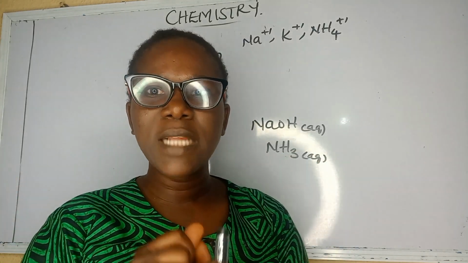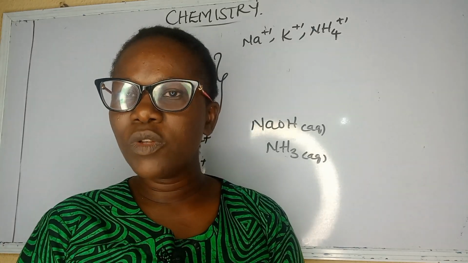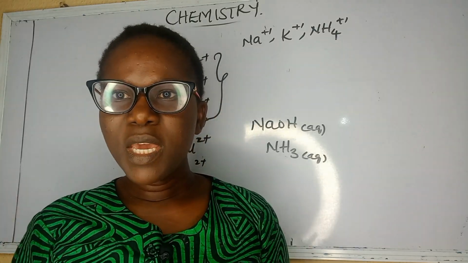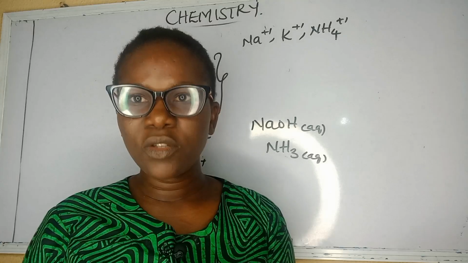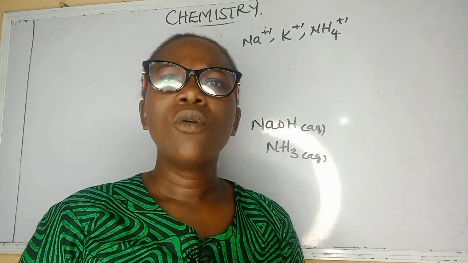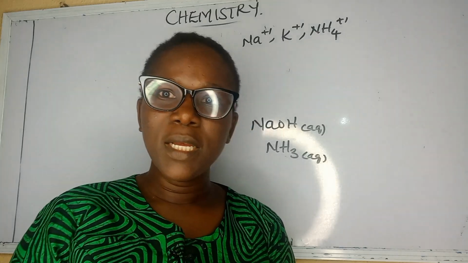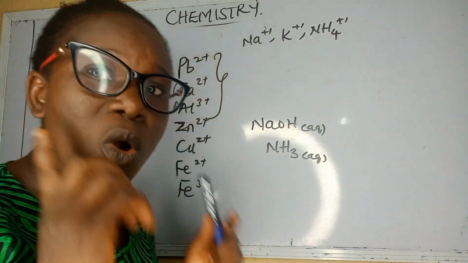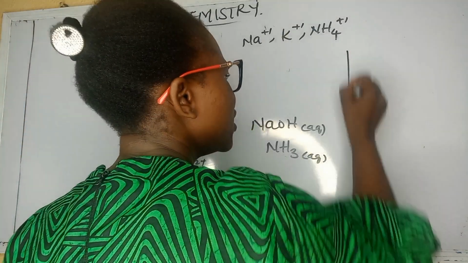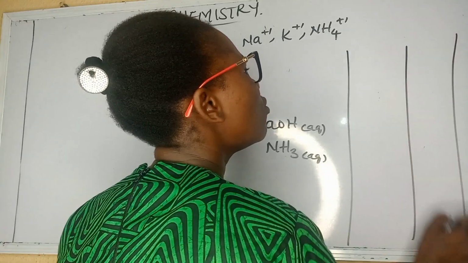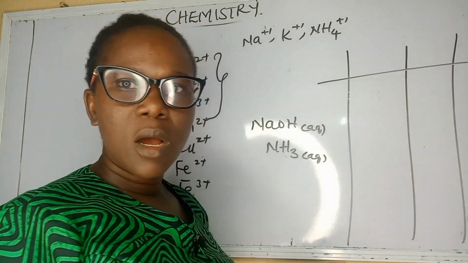Now, when you are given this sample, in the question you are going to be given, it will say something like, B is a mixture of two inorganic salts, or whatever you are given. The first thing you will be asked to do is to add water to this sample. So when you are recording, you will see a table. Either you are given the table or you will record by yourself.